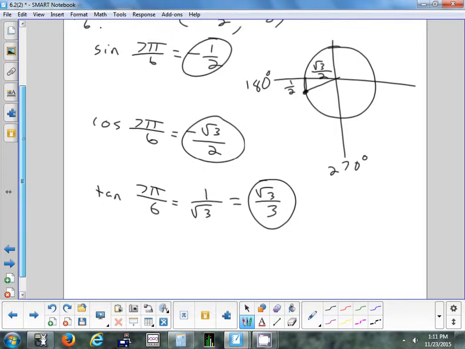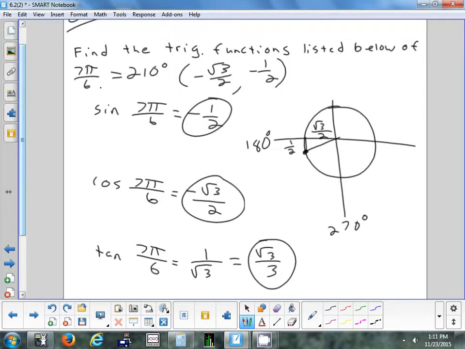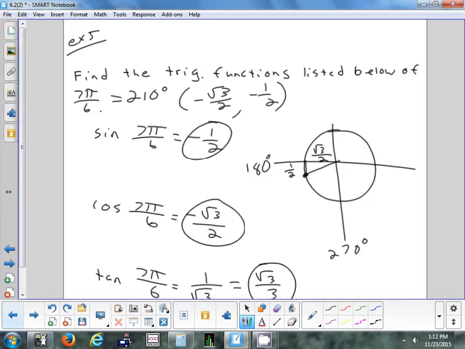Okay, any questions on finding some of the trig functions of 210? All right, does anybody need any other examples? We didn't flip it into the 4th quadrant, but okay. All right, so make sure you know all 16, 3 in each quadrant, and then 1 on each axis. Those are the easy ones on the axis. Those are your 0, 1, 1, 0, negative 1, 0, all that stuff.